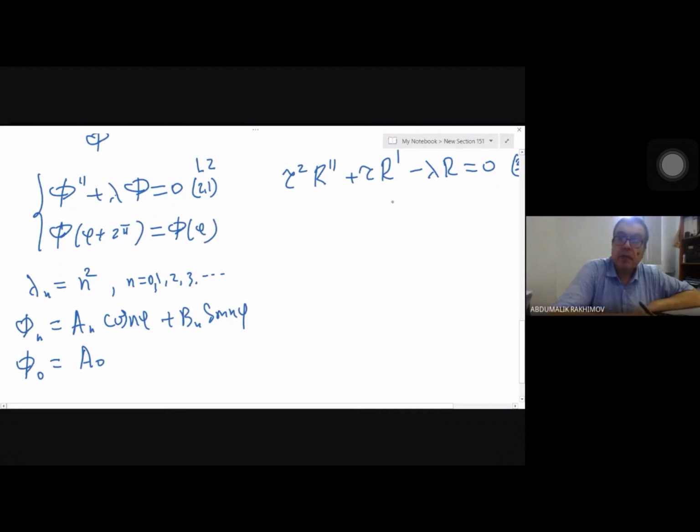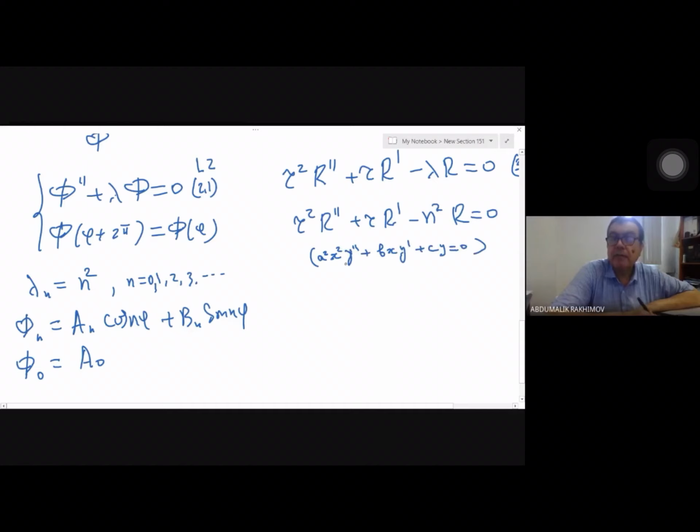So what about the Cauchy-Euler equation? Now I can substitute lambda. It is R squared R double prime plus R prime minus n squared R is equal to 0, because lambda is n squared. Remember the solution of this equation? Let me remind you of the Cauchy-Euler equation. It was like this: a x squared y double prime plus b x y prime plus c y is equal to 0.